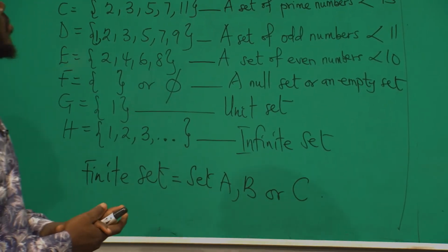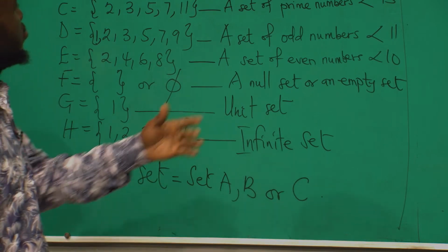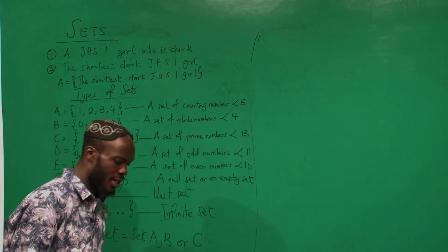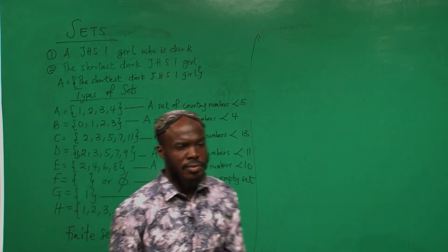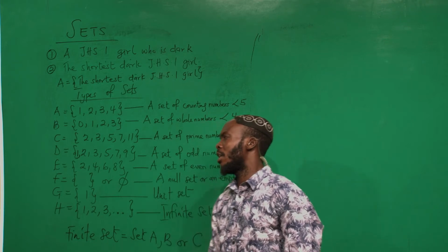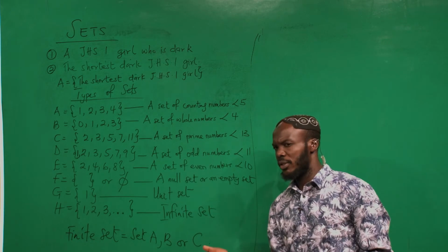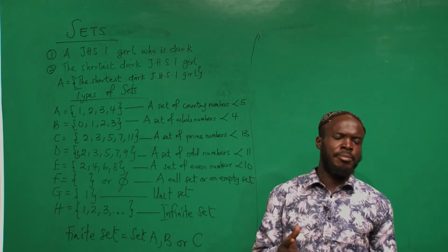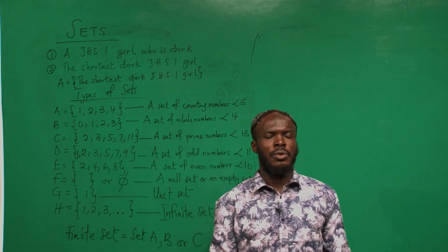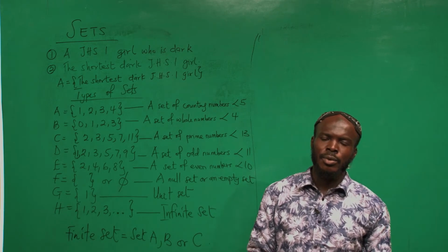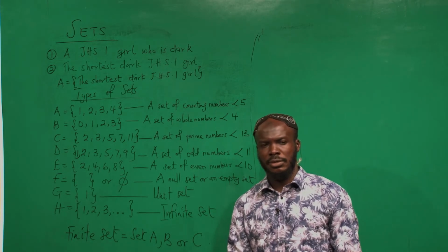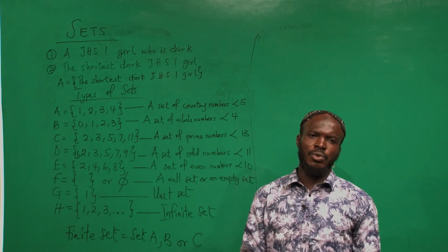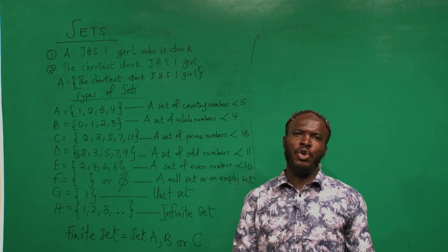Now, looking at this odd number or odd numbers, somebody would ask, what is an odd number? An odd number is different from a set of odd numbers. An odd number is a number that can be divided by 2, which gives an answer which is not a whole number. That is an odd number.